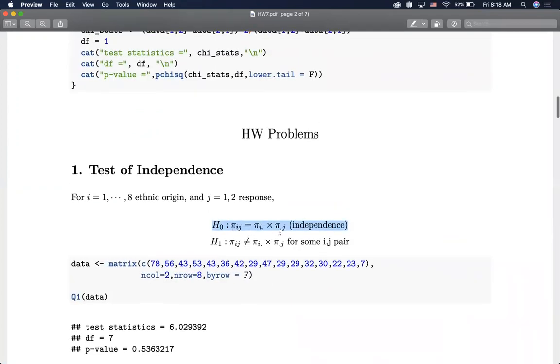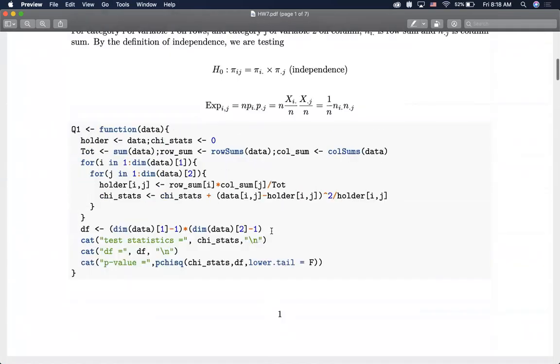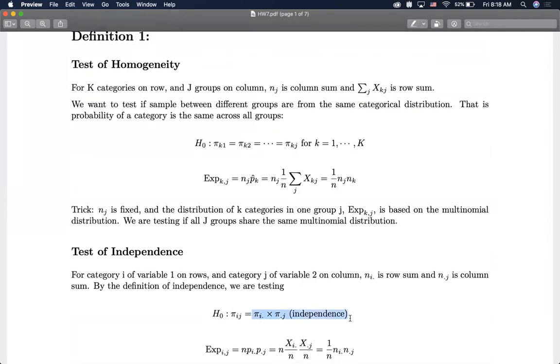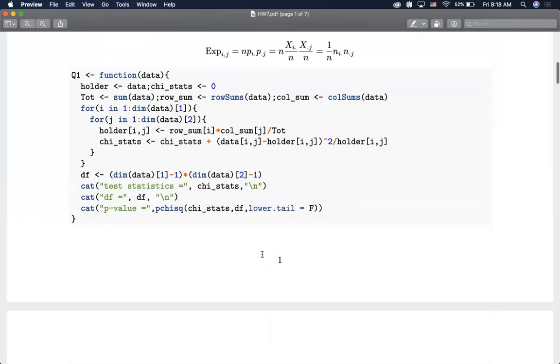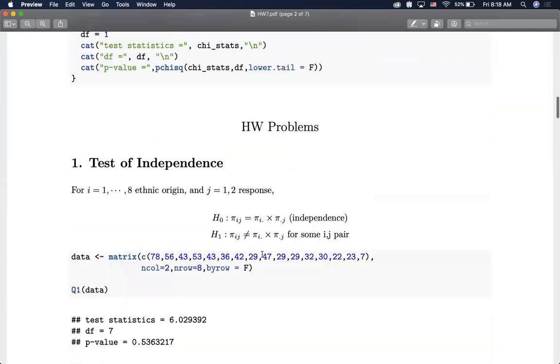You can specify what you meant by this pi ij, and the notation that you use here. So I use pi ij here instead of pi k1 across multiple groups. Make sure you also specify.